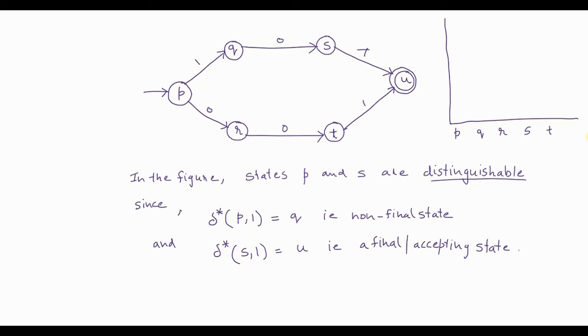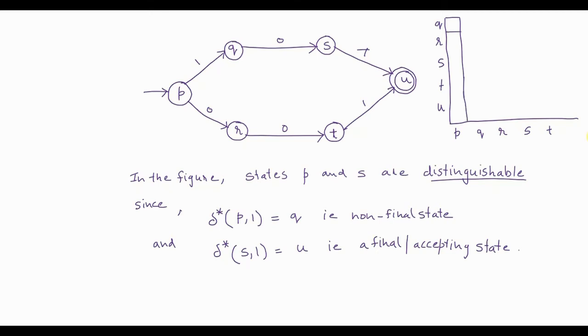Now how will the rows be? Rows will be such that you start with the second state, excluding the first. So what is the second state? The second state is Q, then R, S, T and U. When you do this, you are going to get a table of sorts.